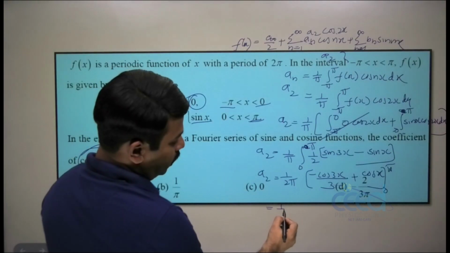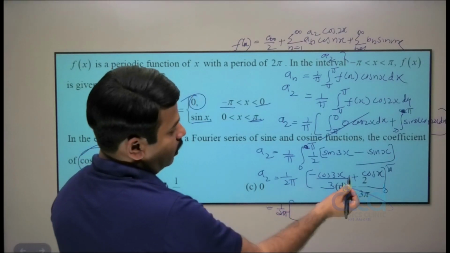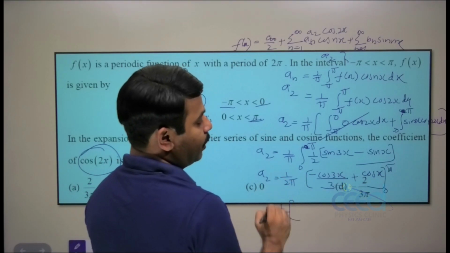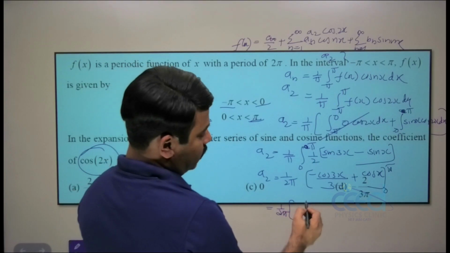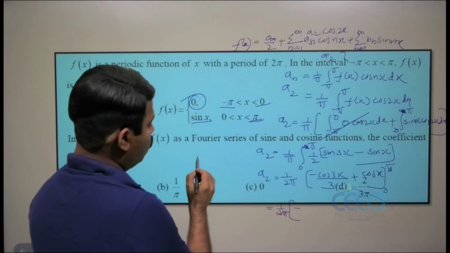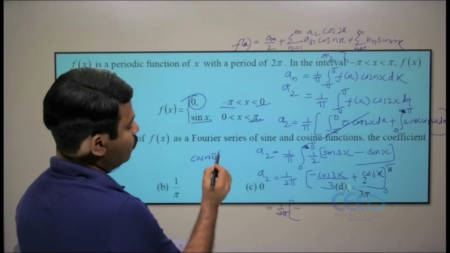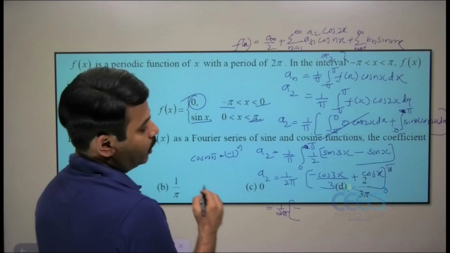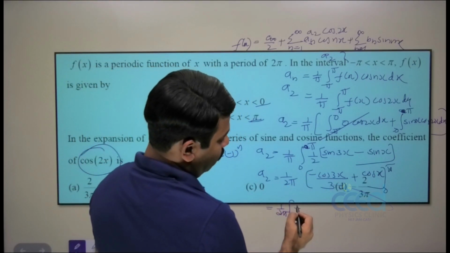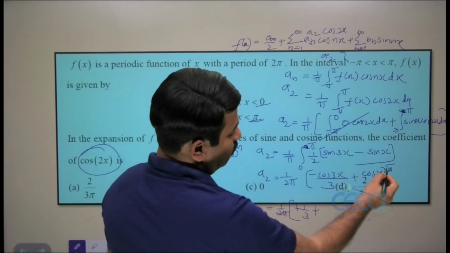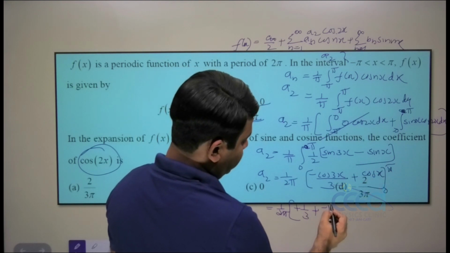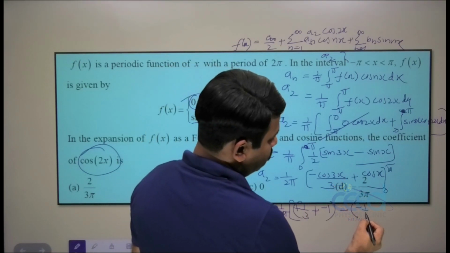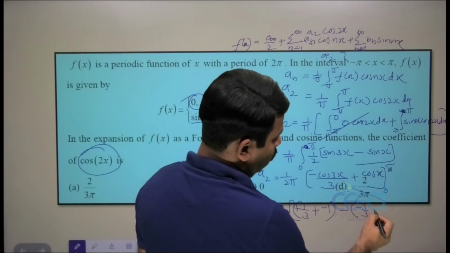That is 1 by 2 pi into, putting pi, minus cos 3 pi by 3. Cos n pi is equal to minus 1 raised to n, so cos 3 pi is minus 1 cube, that is minus 1, giving plus 1 by 3, plus cos pi which is minus 1, whole minus, cos 0: minus 1 by 3 plus 1.